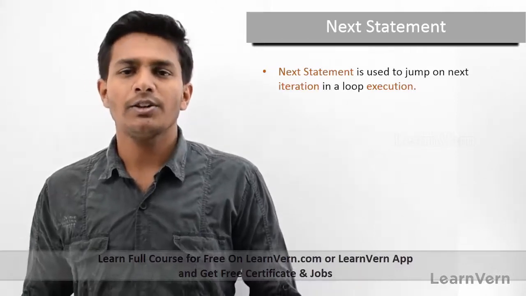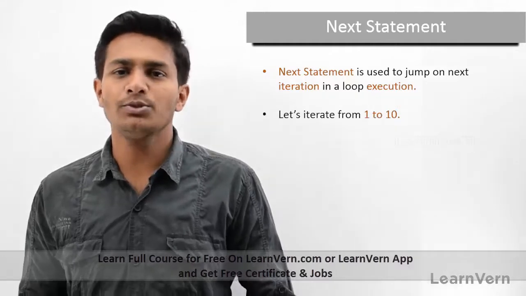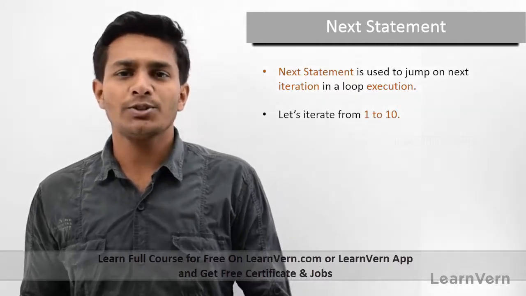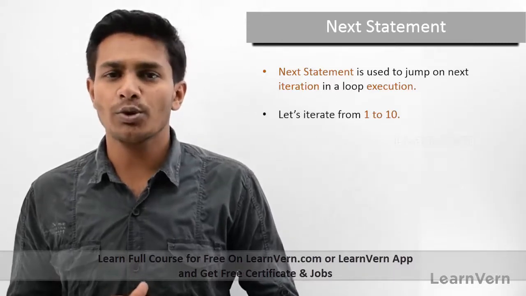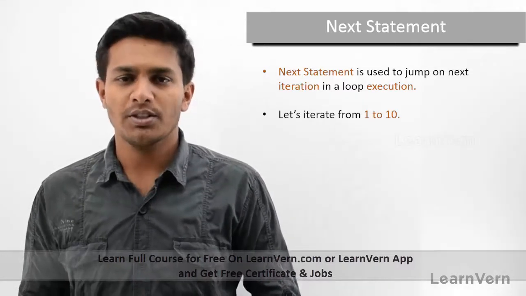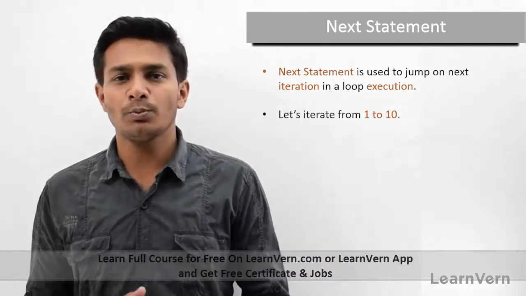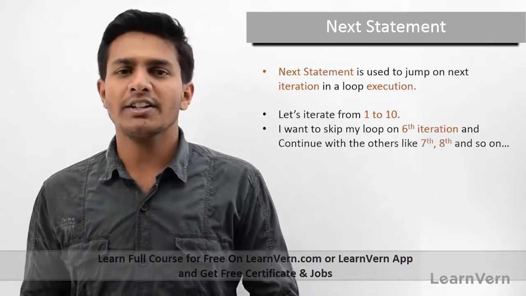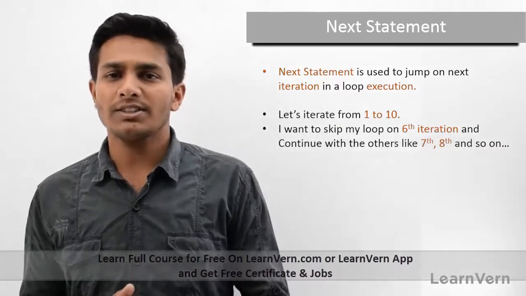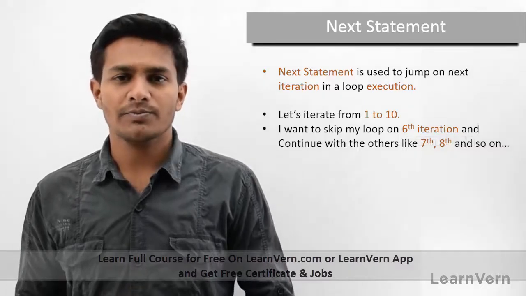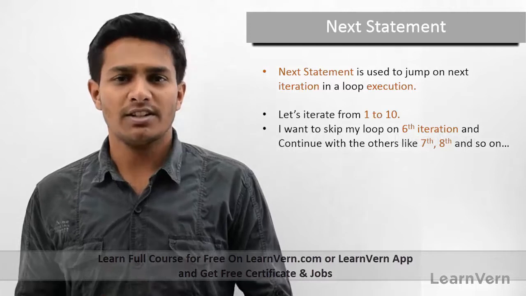For example, we are iterating from 1 to 10, and if my value is 6, I don't want to execute the actual block of code. I want to skip that portion, so I will use the next statement. When my loop is iterating and it comes to 6, it will skip that part and go on with 7, 8 and onwards. So in this scenario, we will use the next statement.